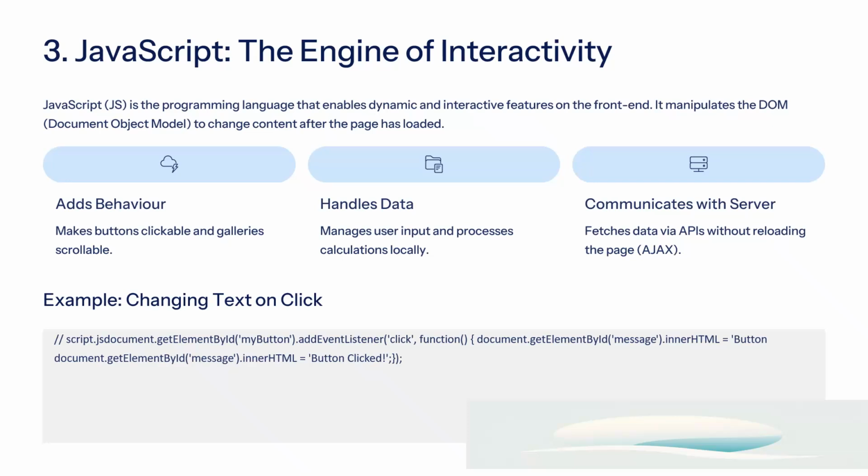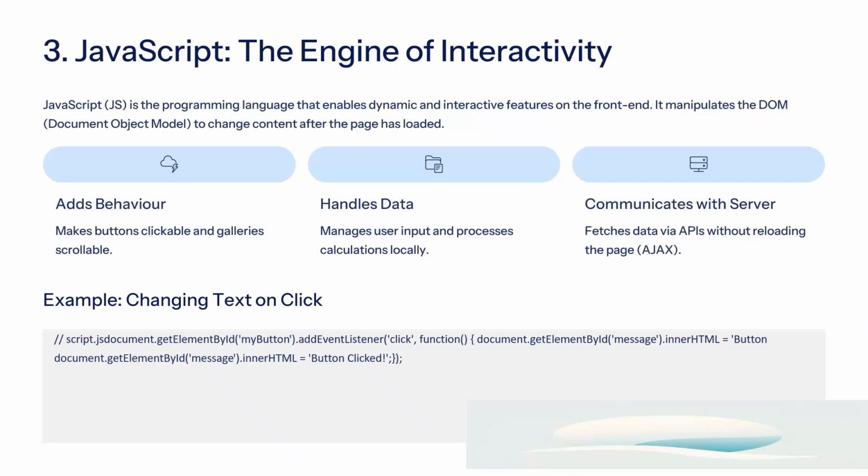On the right, there is a simple example demonstrating this interactivity. When the user clicks on the button, the JavaScript changes the text on the page instantly. Now you see we have the script.js. Inside we have document.getElementById, which means it's going to find where the ID is, go to my button, and then addEventListener.